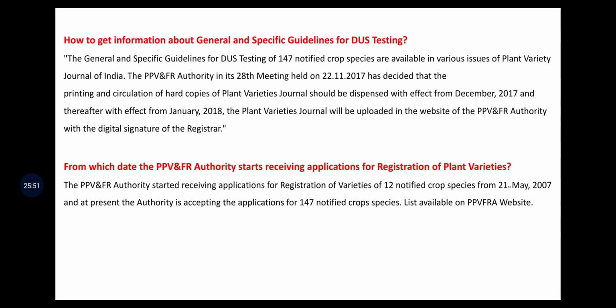How to get information about general and specific guidelines for DUS testing. The general and specific guidelines for DUS testing of 147 notified crop varieties are available in various issues of PPV Journals of India.